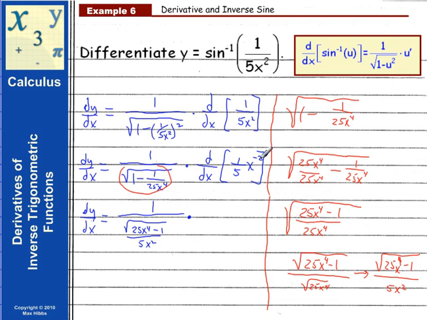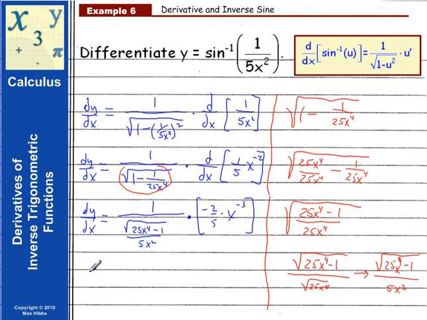Derivative here we'll say the exponent negative 2 times 1/5. Well, that's negative 2/5, of course. Times x to the power, well, reduce the power by 1. Negative 2 minus 1 is negative 3. Now, when we divide by a fraction, which is what we're doing here, that's equivalent to multiplying by the reciprocal.